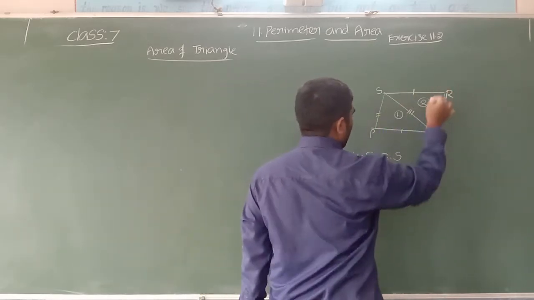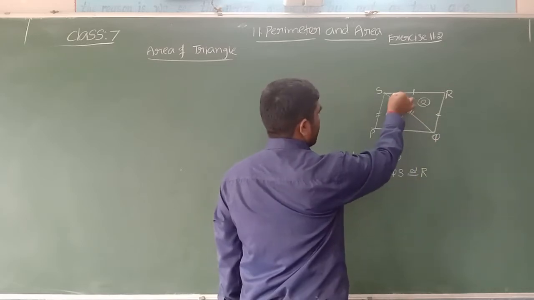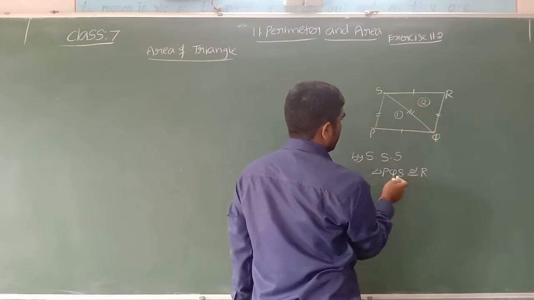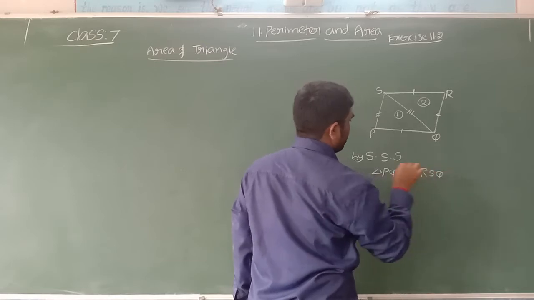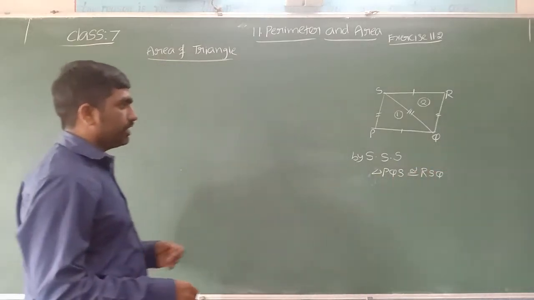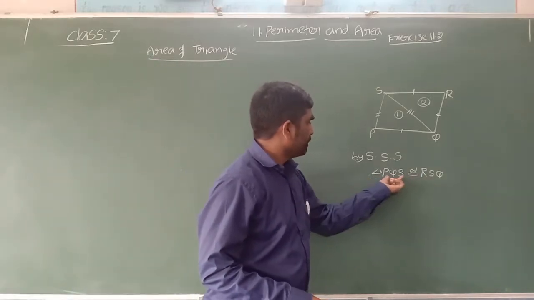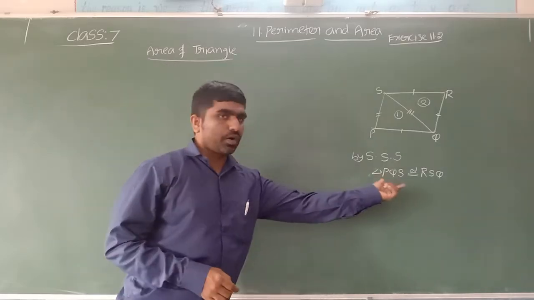P and R are equal, and these are alternate angles. In the place of Q we can write S. QS is equal to SQ, right? And we can see PS is equal to RQ, and PQ is equal to SR. Yes, both are congruent.